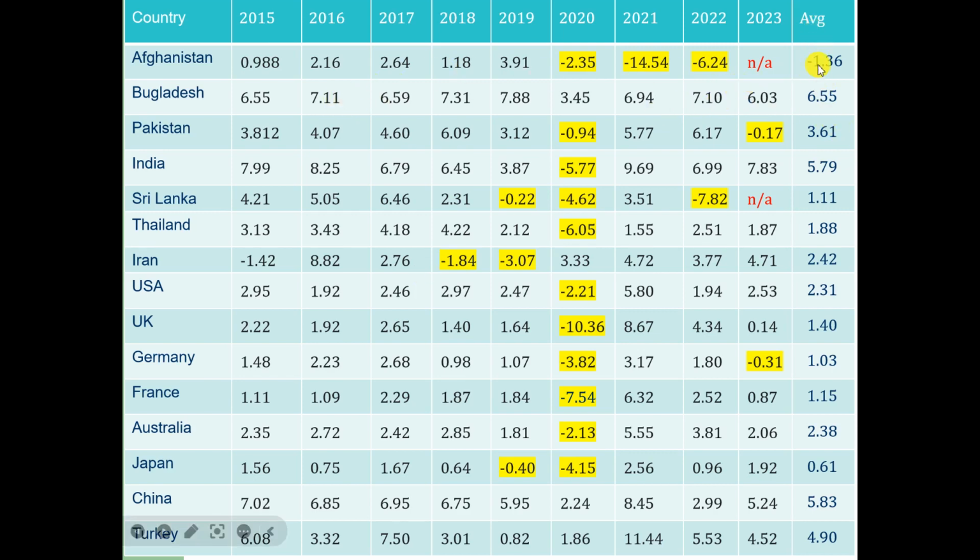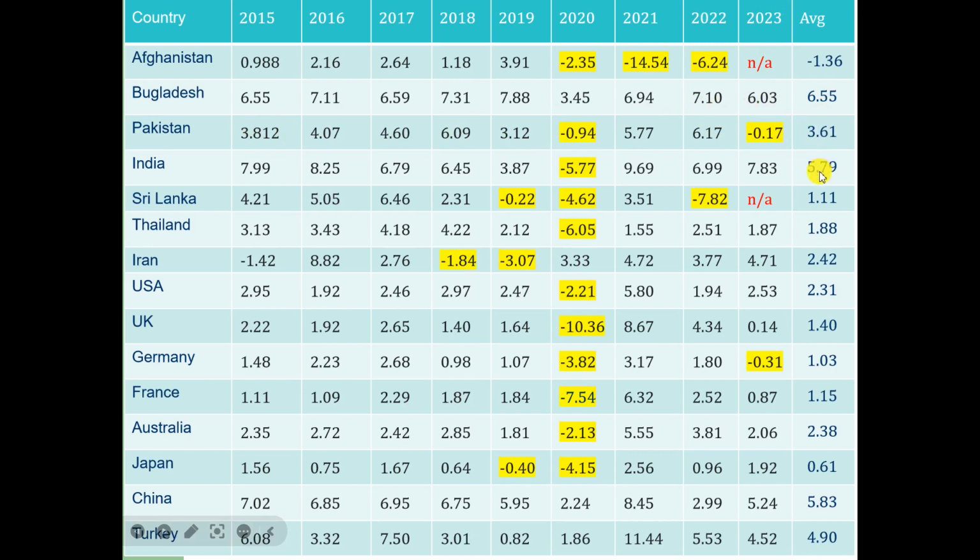So for Afghanistan, this average growth rate is minus 1.35. For Bangladesh, this is 6.55. For Pakistan, almost for all years except 2020 and 2023, the growth rate is negative in these 2 years. For the rest of the years, the growth rate was positive, and the average growth rate for the years between 2015 and 2023 is 3.61.